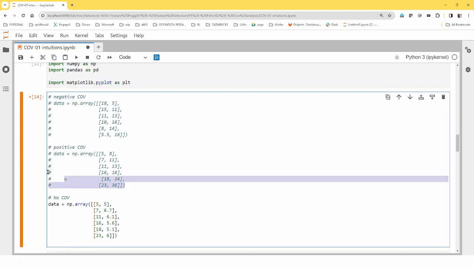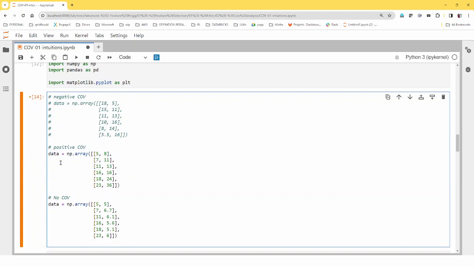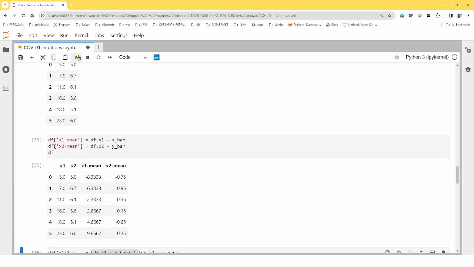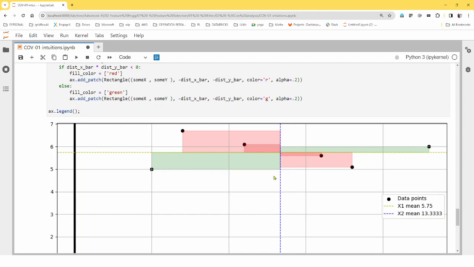Okay, for the positive one, let's uncomment some of these lines here. So this is my positive. These are values which will give me a positive covariance. Now follow the same steps and plot it here. You notice your positive and negative areas will cancel out in this particular case, and the net would be your positive covariance.